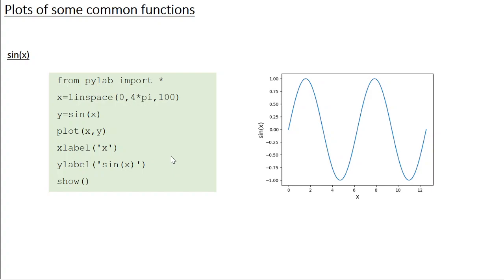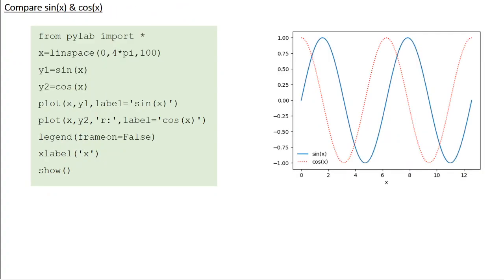Okay. Now for cos x, you can follow the same program. Instead of y equal to sine x, you write y equal to cos x. And you can plot these two functions together and compare them. So x equal to linspace 0 to 4 pi 100. Y1 is sine x, y2 is cos x. First you plot x and y1, and I'm going to apply legend with the label sine x.